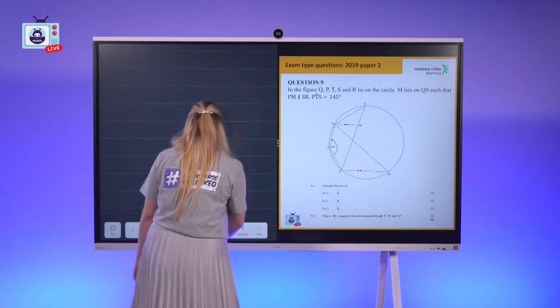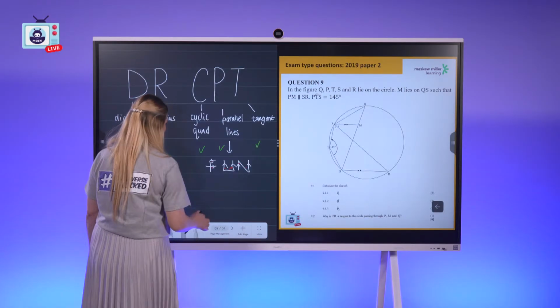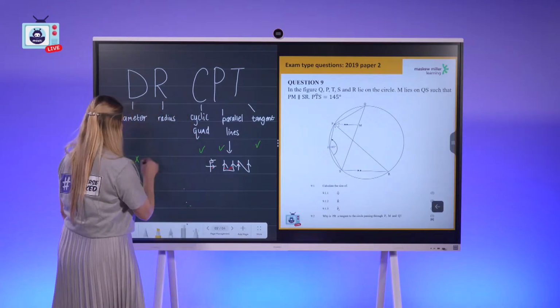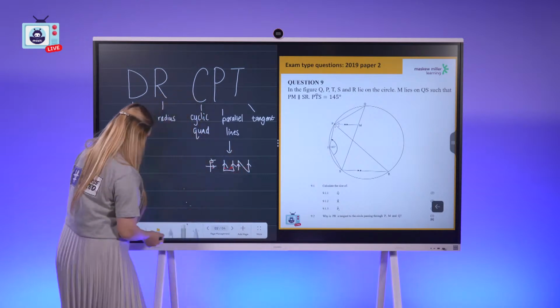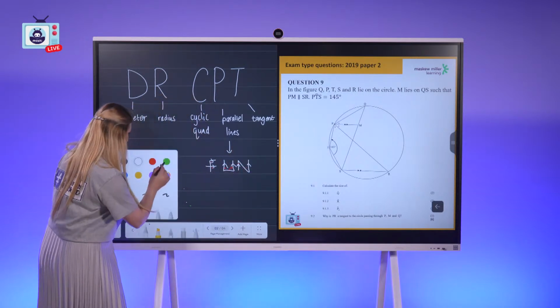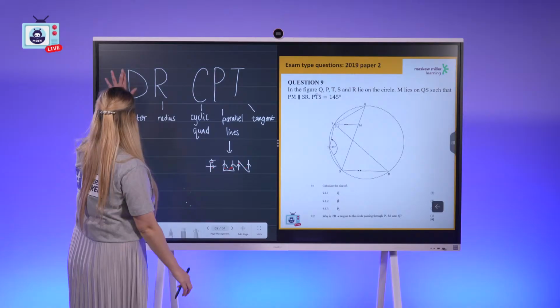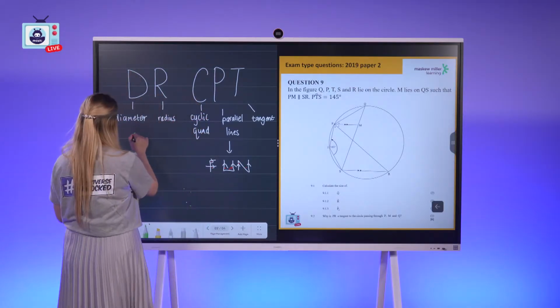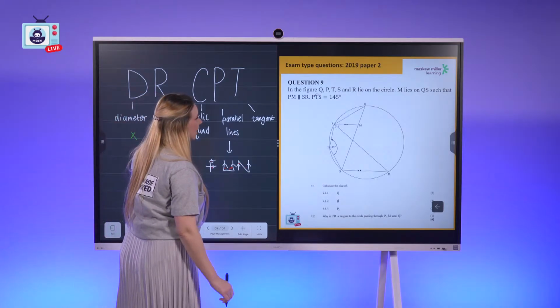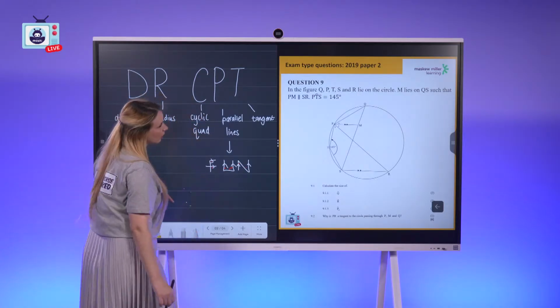Okay, let's go back to Dr. Cape Town. So let's see if we have anything happening there. I'm going to leave the fine angles there because that helps us. Okay, D for diameter. Do we have a diameter? No, we do not. They have not given us a diameter in this question. Do we have a radius?